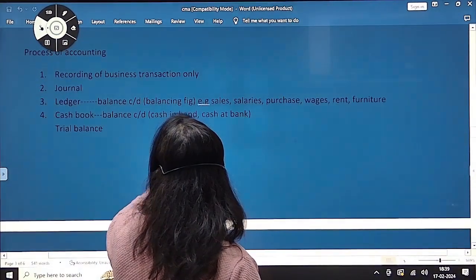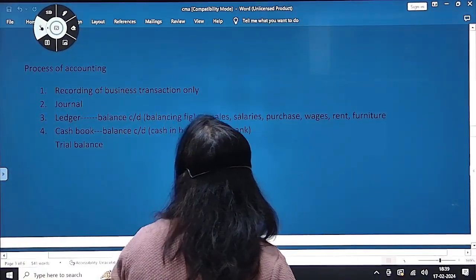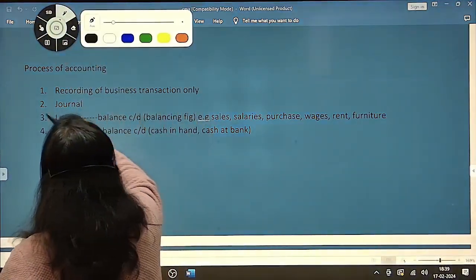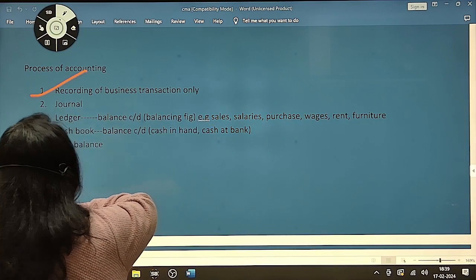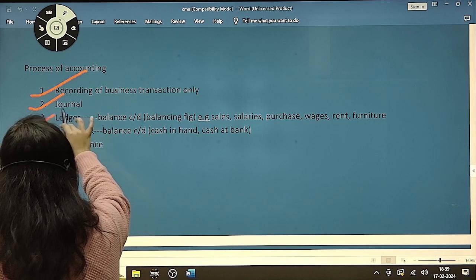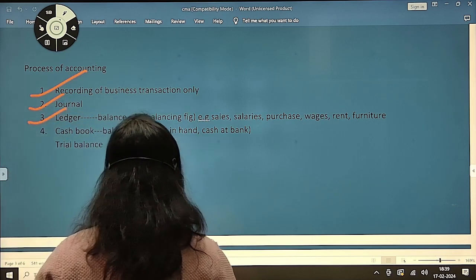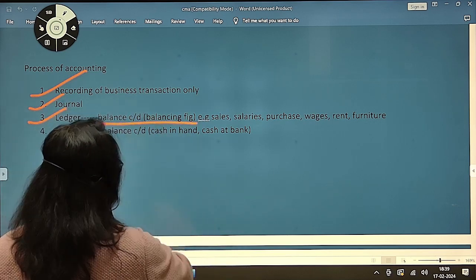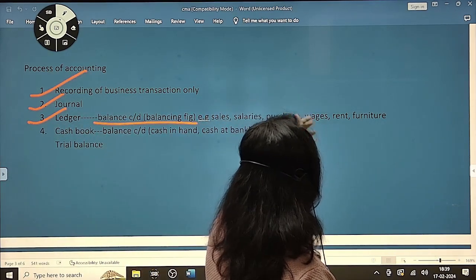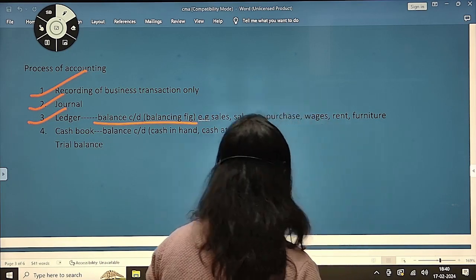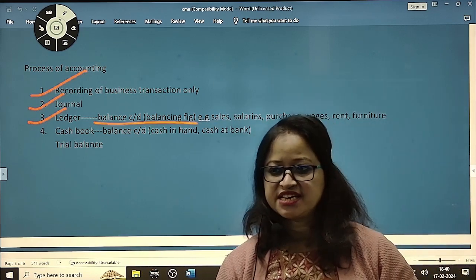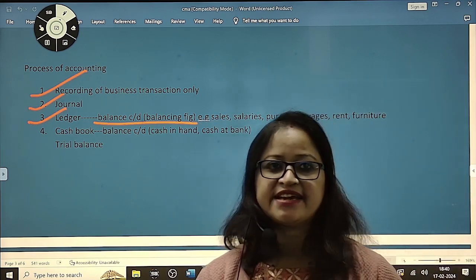Now again, as I have told you, the process of accounting: the first one is recording the business transactions. Then we give journal entry. Then we post into ledger, where we get balance CD, that is called the balancing figure. For example, sales account, salary account, purchase account, wages account, rent account, furniture account. So we will have multiple accounts and entries, and from there we calculate the balance CD for the entire year.